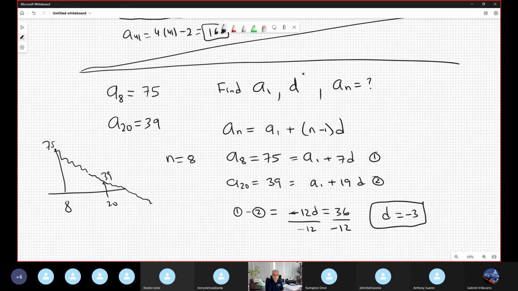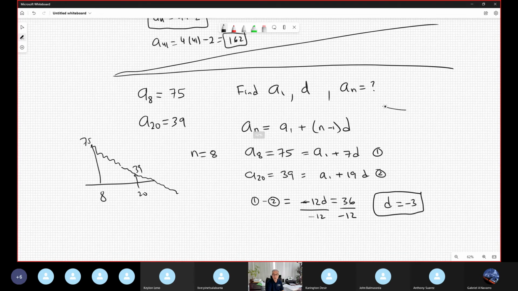I need to find A1. To find A1, you take either equation and substitute. For example, in the first equation, 75 is equal to A1 plus 7 times negative 3. 75 is equal to A1 minus 21.